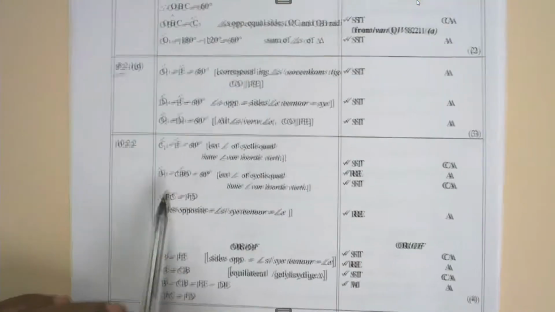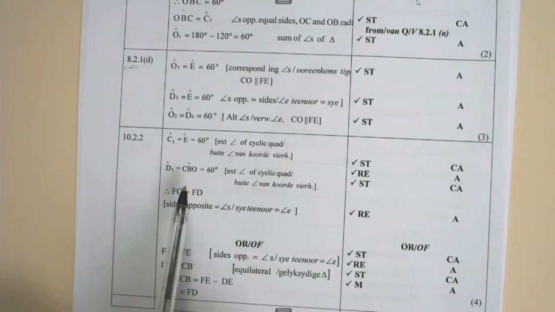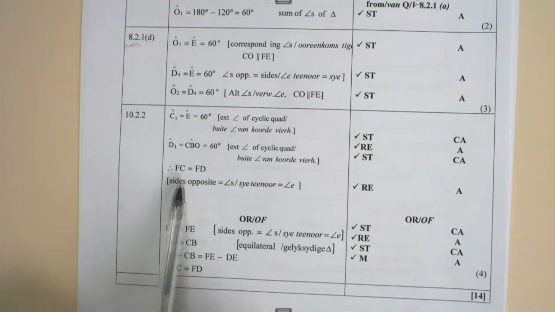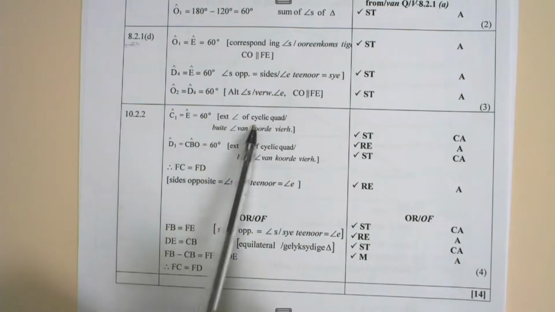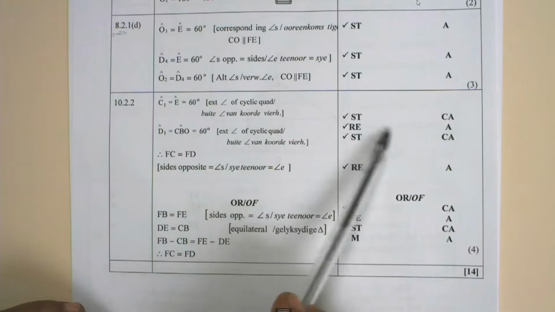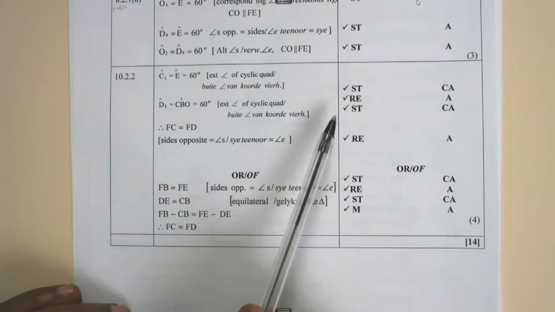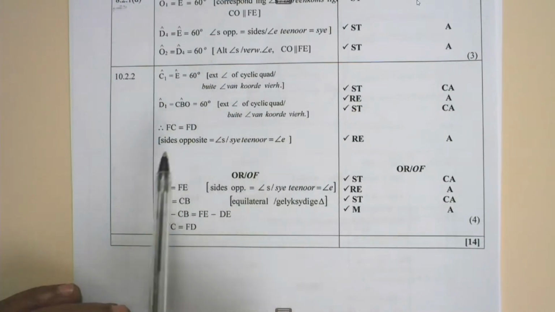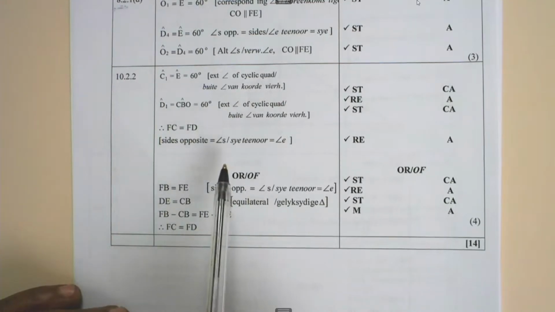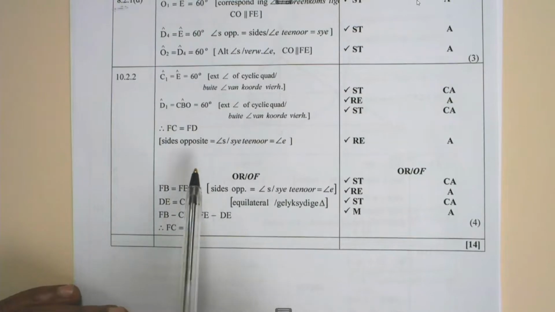And then 10.2.2, we are to look for angle C1, which is equal to angle E, exterior angle of a cyclic chord, CA, and then the reason must be accuracy mark. And therefore FB is equal to FE. They were required to prove that FC is equal to FD.